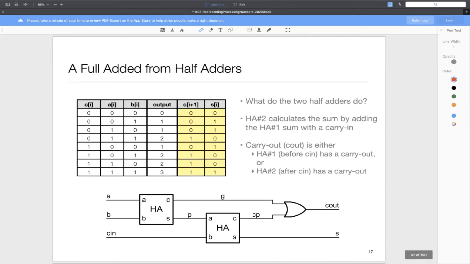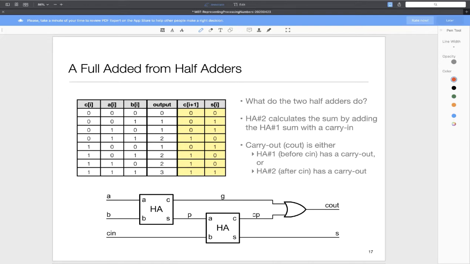Remember, if I give you 3 numbers to add, what do you do? You add 2 of them, and then you add the third one, right? So I could do this, which is shown out here. I can take 2 half adders, and then sort of put them in series, and then have an OR gate.